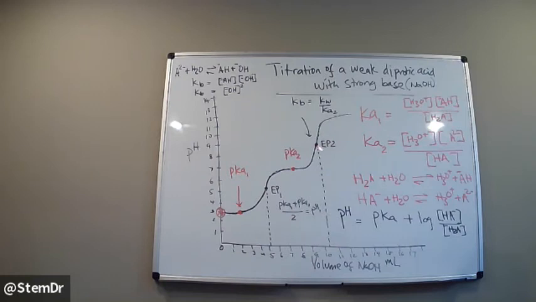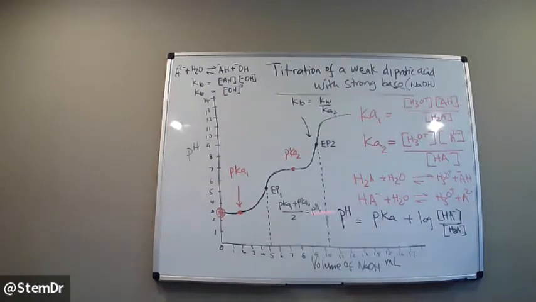Endpoint 2 is characterized by the complete deprotonation or neutralization using the addition of a base. You have a basic solution, converted completely into the conjugate base. This is the autoprotolysis, the equilibrium that exists with the acid without any base. But as you are adding base, you are removing the hydronium ions.